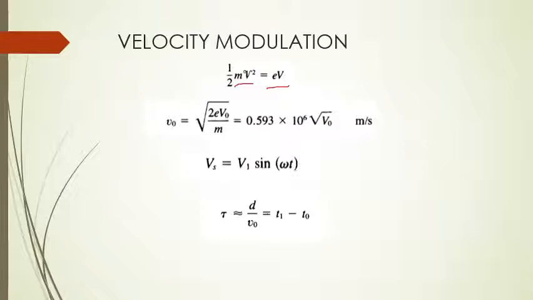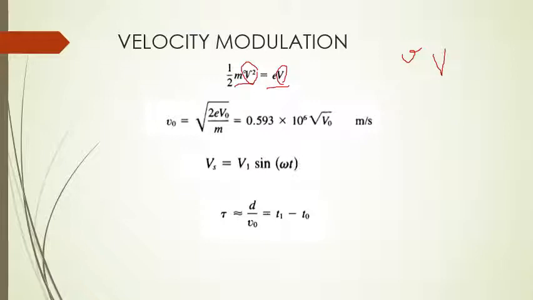Kinetic energy is given by half mv square and potential energy is given as e into V. Anything written with small v is velocity. Anything written with capital V will always be potential.